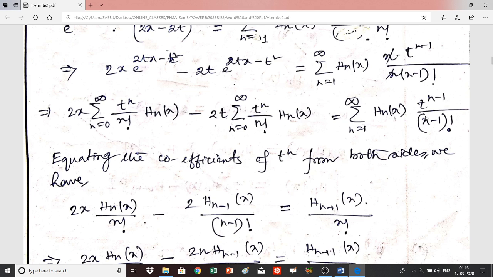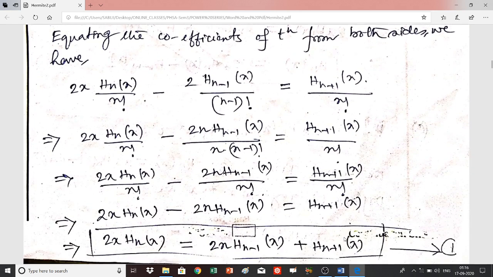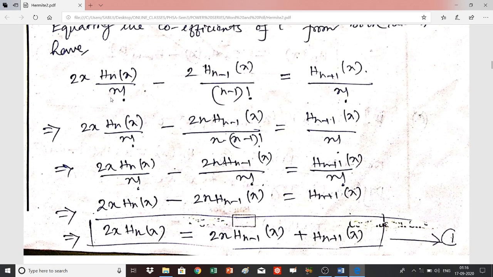And that is equal to, in this case, the power of t is n minus 1, so to get t to the power n you have to replace n by n plus 1, and it will give you h_(n+1)(x) by n factorial.